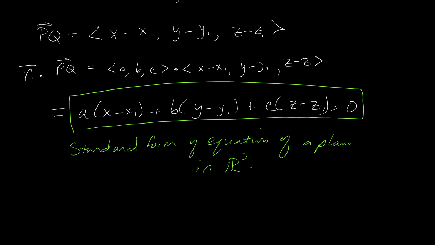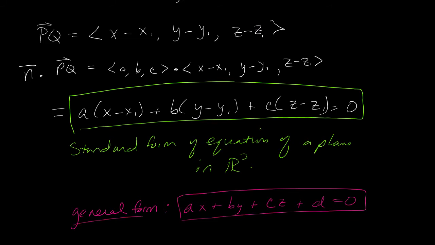Okay, if we distribute and collect like terms, call the constant term something like D just to represent the constant, what we will end up with is what's known as the general form. So that's Ax + By + Cz + D = 0, where D represents all of the constants. So that's general form.